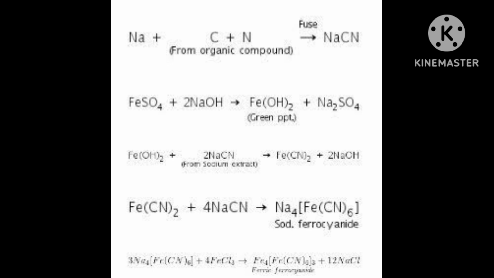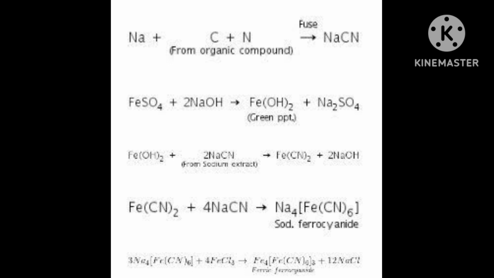3 Fe(CN)6 4 minus, 3 molecules you have to write, means 3 ions, plus 4Fe3 plus, and then in presence of some water, it will react and will give Prussian blue.